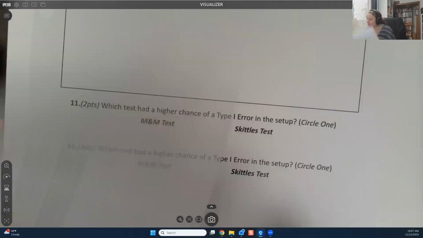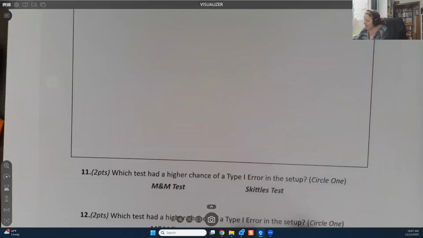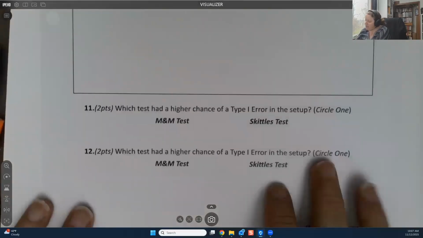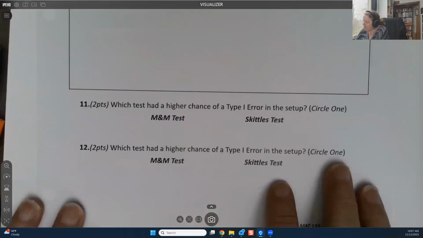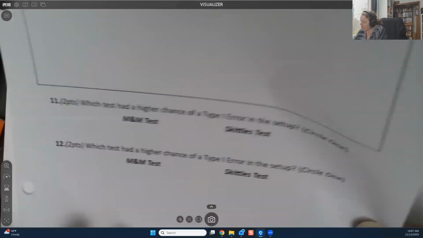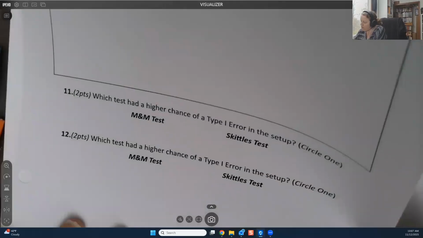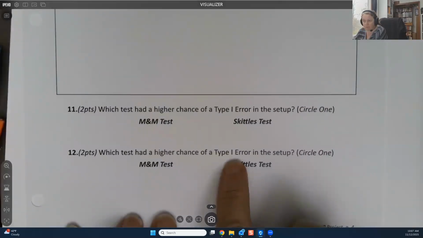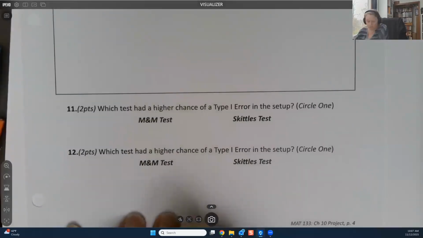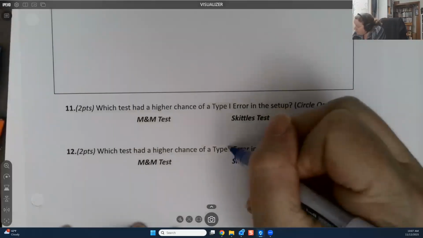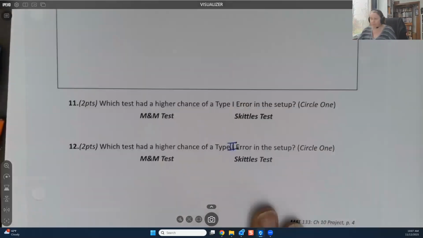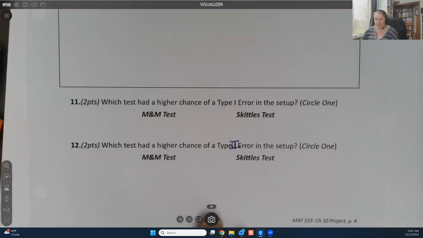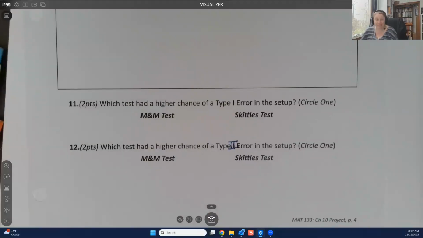And then chance of type 1, type 2 errors. Oh, that's a typo. Oops. That's supposed to be type 2 because otherwise it's the same question. Sorry. Type 2, that's a typo because otherwise it makes no sense. So we just did that today, actually.